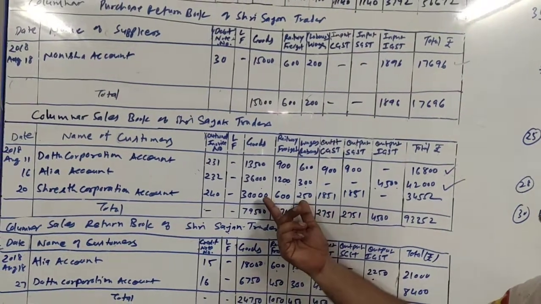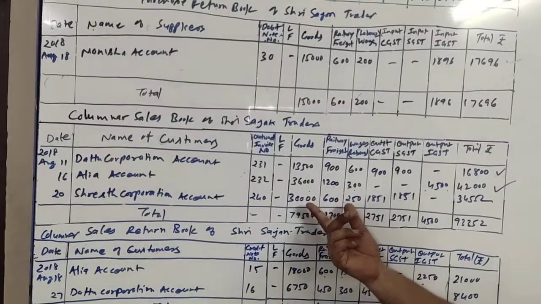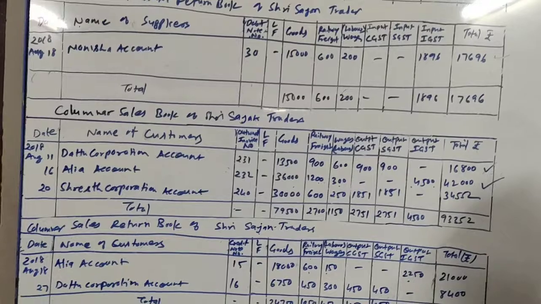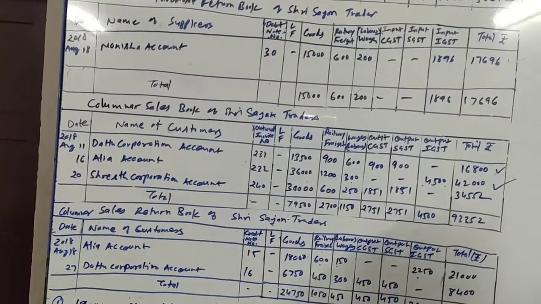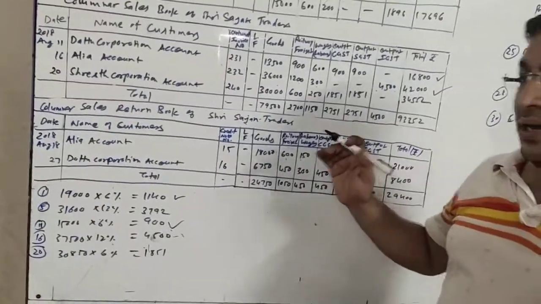Then total of 3 will be 30,850. Now on 30,850 we will be calculating GST. Here it is intrastate supply, so 6% GST will be applicable, CGST and SGST.